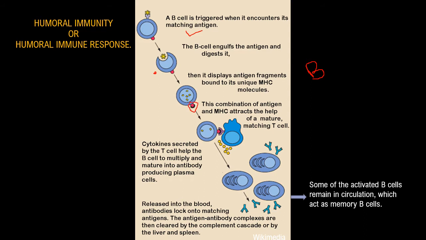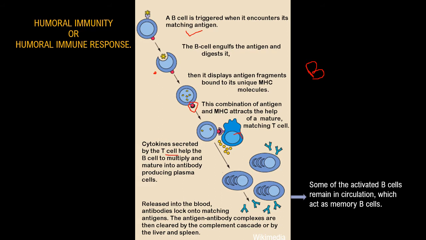This combination of antigen and MHC attracts the help of a mature matching T cell. This is a T cell that also comes into the picture here, and it interacts with the MHC holding that antigen. Some cytokines are secreted by the T cell, and these cytokines help in B cell multiplication and maturation.